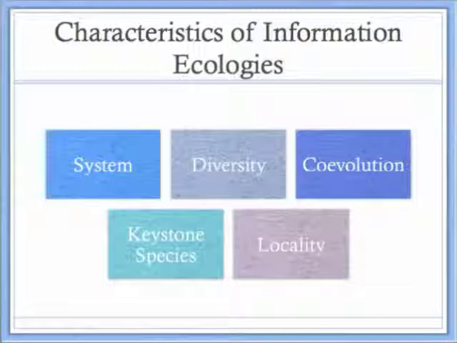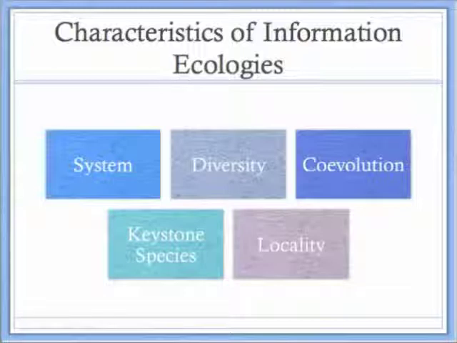The next characteristic is keystone species, and a keystone species is a presence which is crucial to the survival of the ecology. When we add technology to our own information ecologies, we cannot work in absence of this essential keystone species.